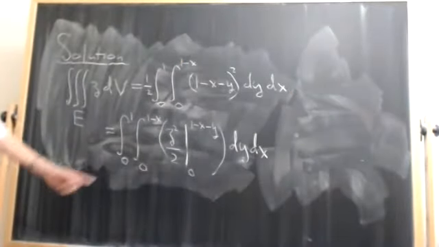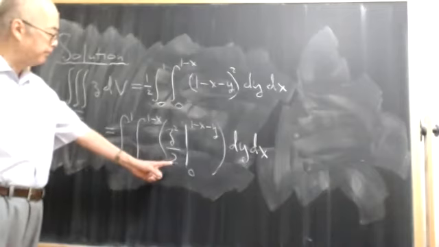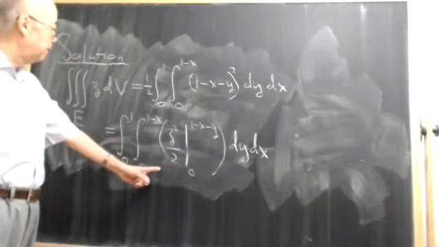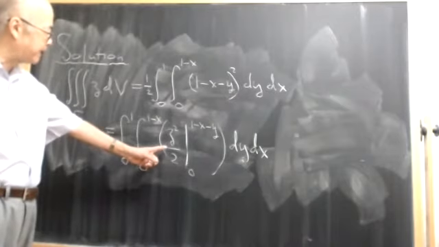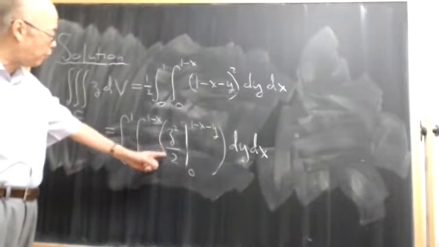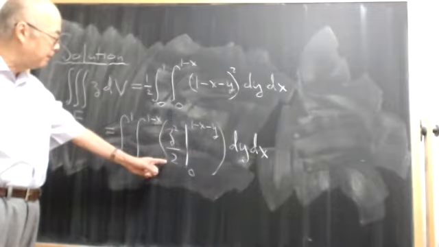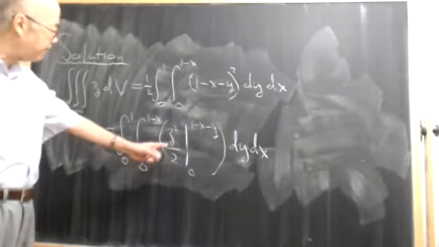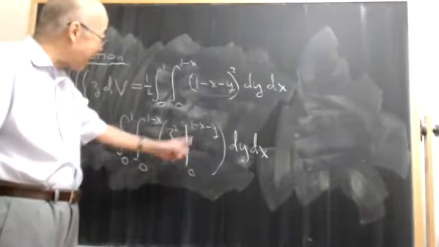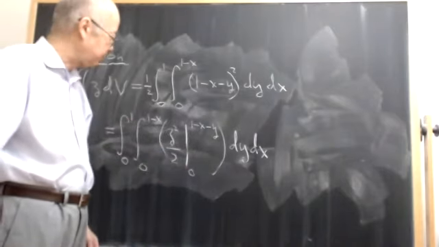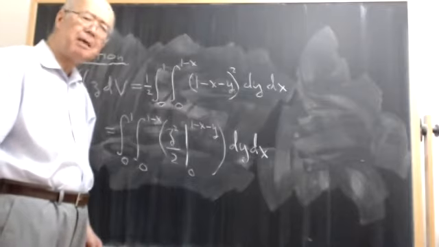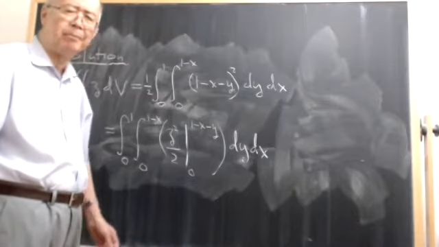This is what I said earlier. When you integrate with respect to z to get z squared over 2, and then after evaluation at the limits. Okay, maybe it's not good to call them limits.